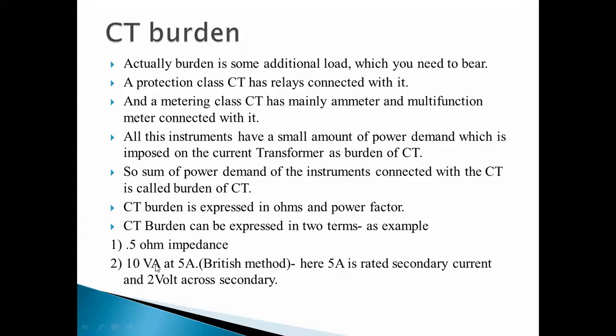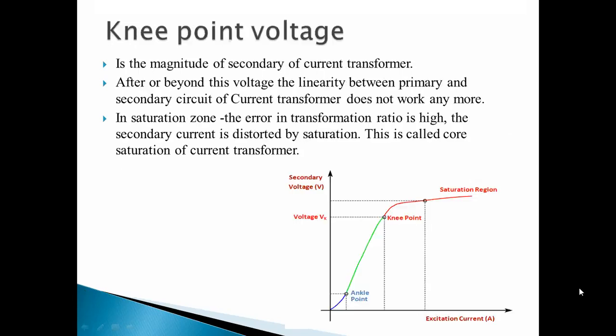So burden for 5 ampere is 10 volt ampere. Here 5 ampere is the rated CT secondary, right? So for our HGP lab, we used all CTs of 5 ampere only, and the voltage across the secondary is 2 volts here. So if the current is 5 ampere, the voltage is 2 volts. That's why this burden is 10 volt ampere here.